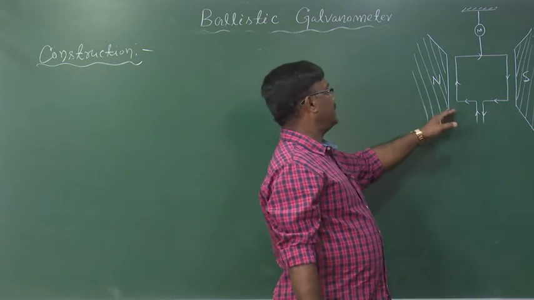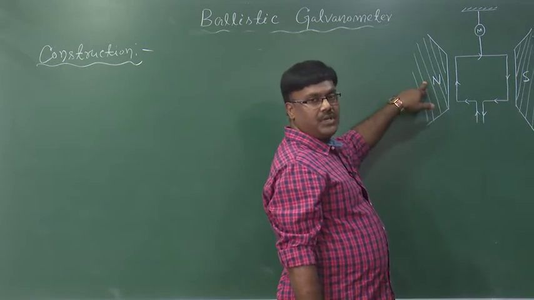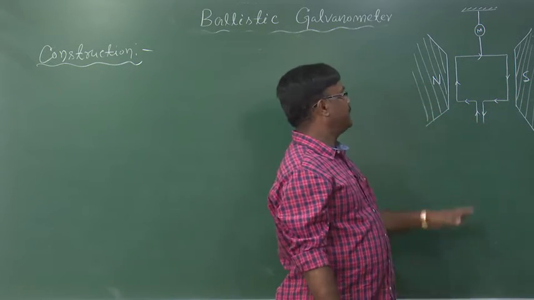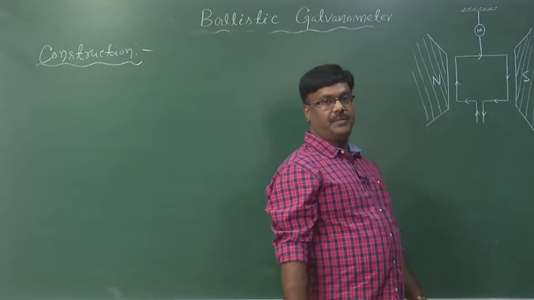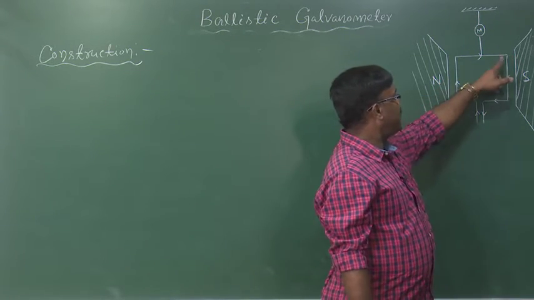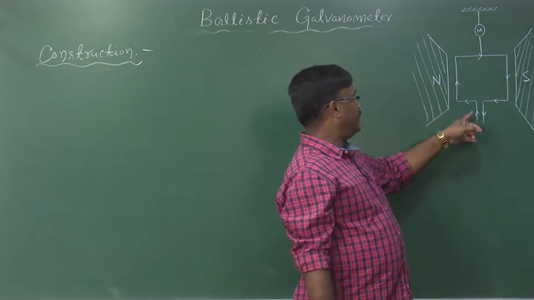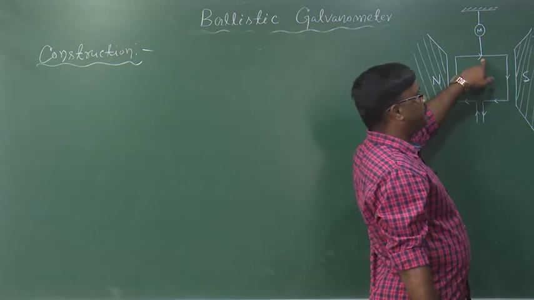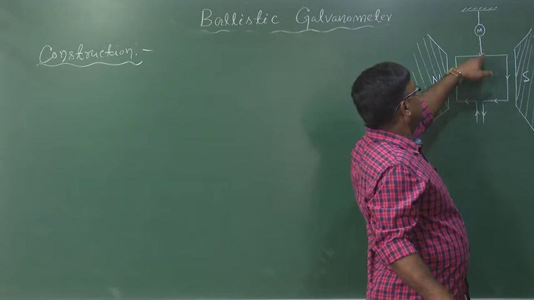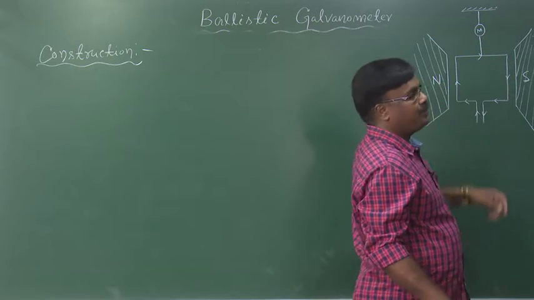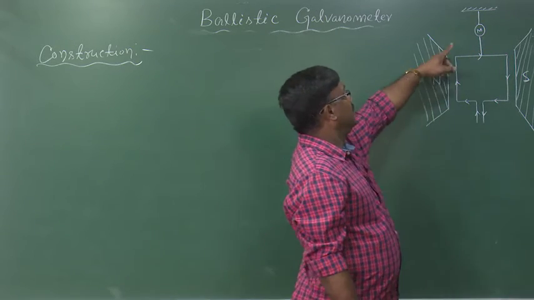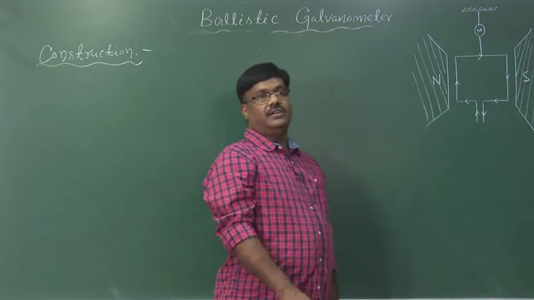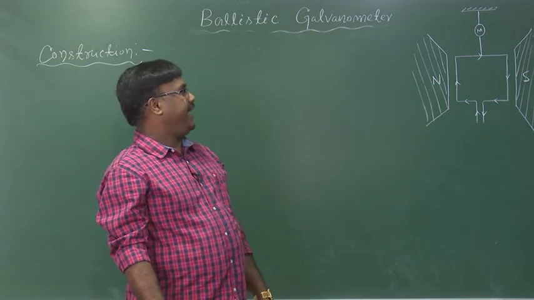As shown in the figure, here is the north pole of a strong magnet and it is the south pole of a strong magnet, and between these two pole pieces of a magnet there is a rectangular copper coil in which a current enters and leaves, and that frame of that coil is wound by a very fine phosphor bronze. Here M is a mirror and it is connected on the rotatory head.